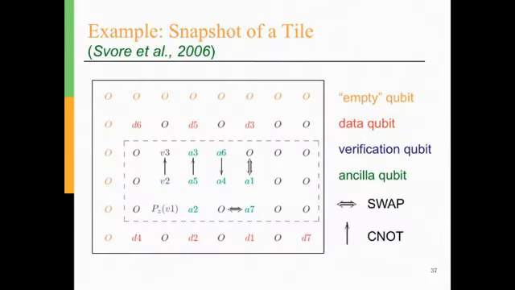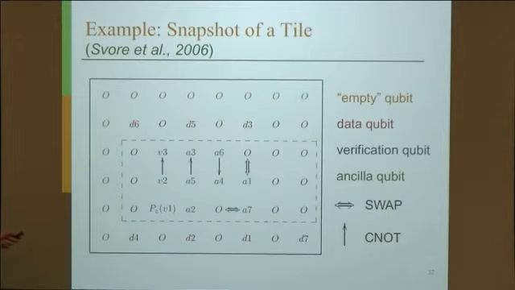So here's a specific example from the paper of Svore that shows the operations inside of the tile for the Steane code. The tile size is 6 by 8. The Steane code uses 7 physical qubits to encode 1 logical qubit. These red locations are where the data lives.